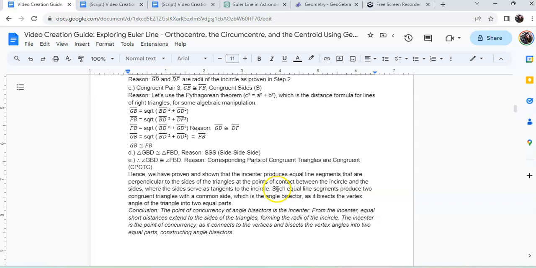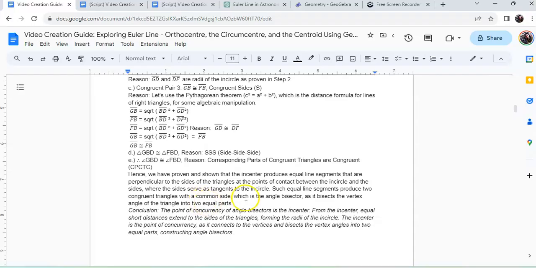Also, we have shown that the equal line segments produce two congruent triangles with a common side, which is the angle bisector. And this angle bisector bisects the vertex angle of the triangle into two equal parts.